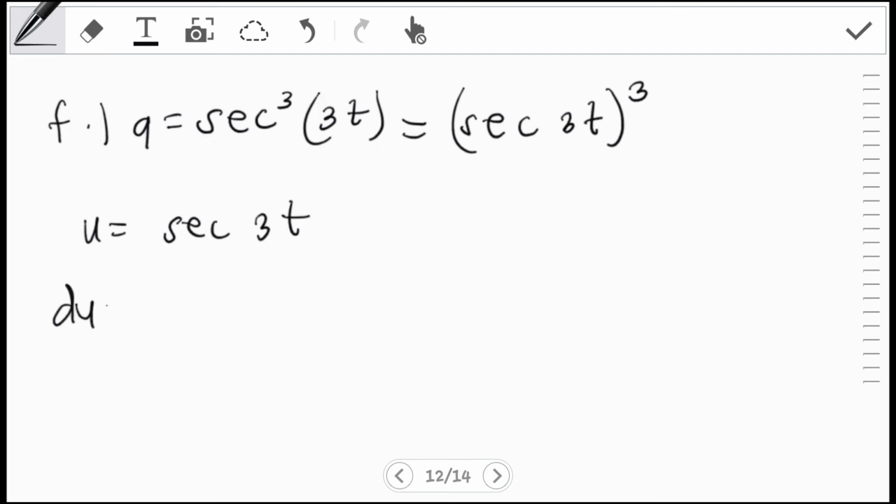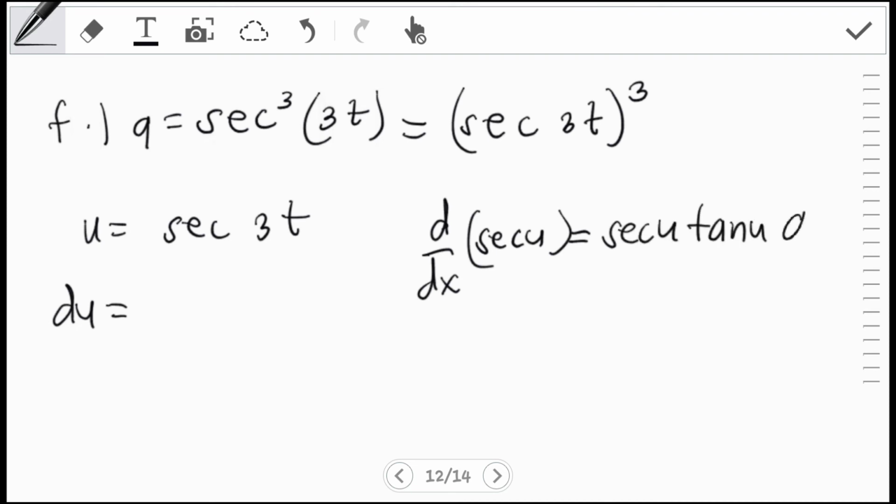So take note the derivative of secant: d over dx secant u is equals to secant u tan u du over dx. Okay.